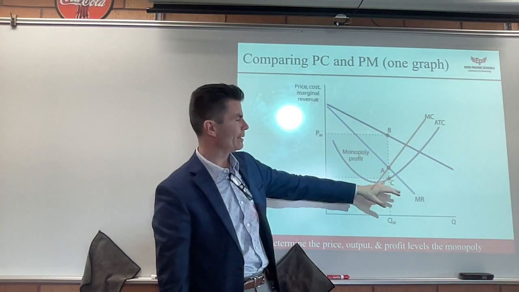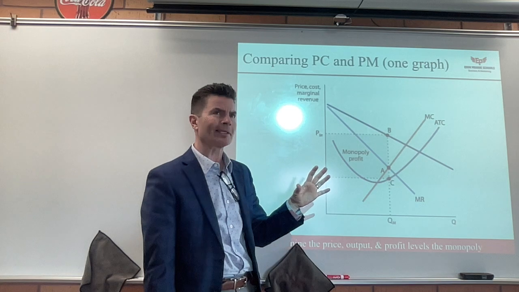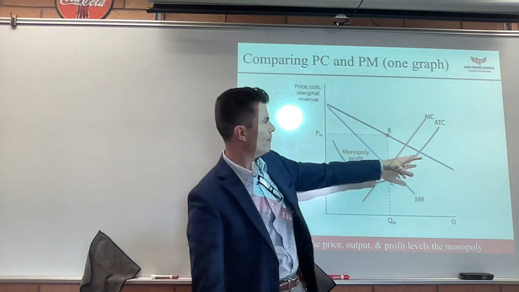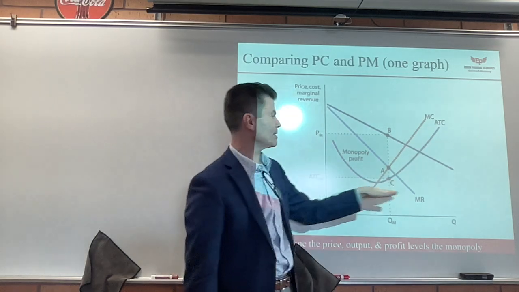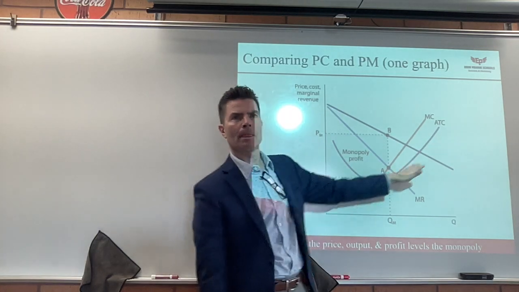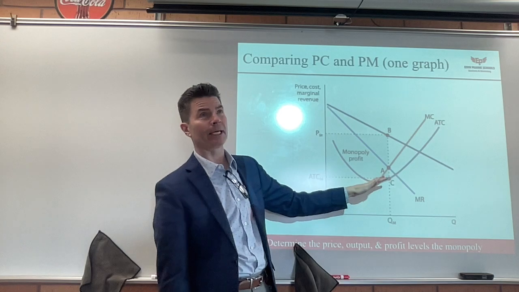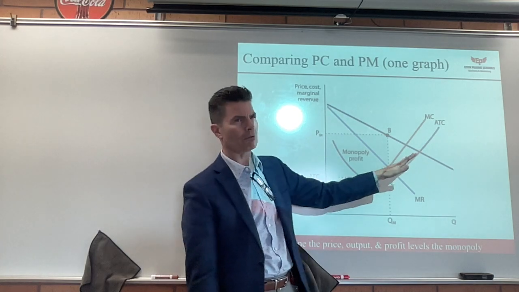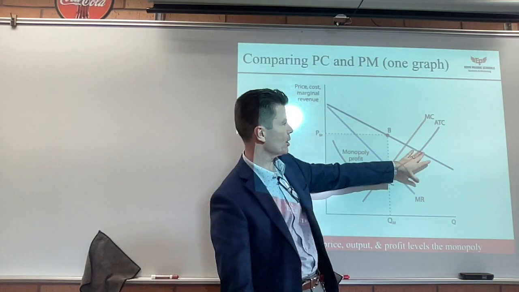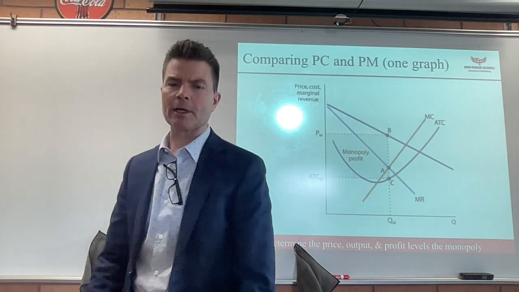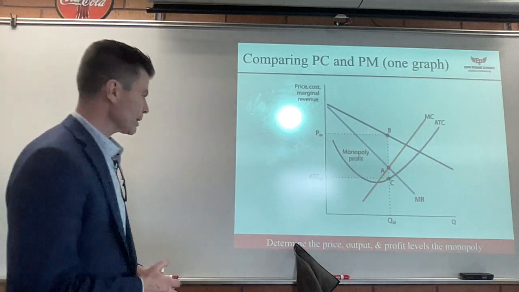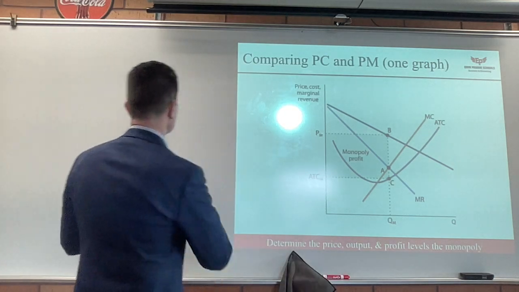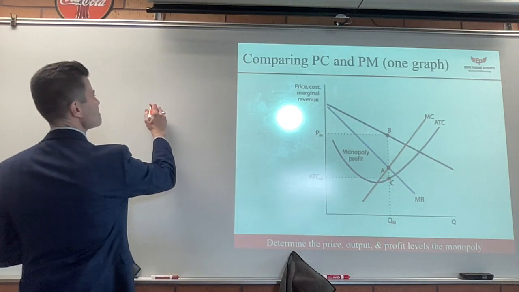When you do this, it isn't really that important right now, but try to have the ATC cross the demand curve while the ATC is upward sloping, because when we talk about something on Wednesday, it actually changes. So try to have that demand curve hit the ATC up there, just because visually it's easier for you to see. I'll give you a couple minutes to get that in there.